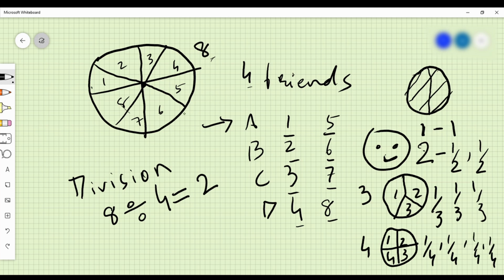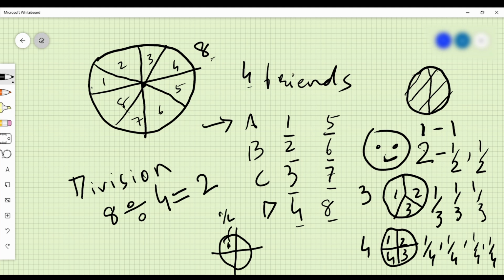So we get 1/4 of the pizza. What this 1/4 represents is that there is a whole big pizza, out of which I get the fourth part. So if I make 4 parts out of one big pizza, then I get one part, which becomes the 1/4.